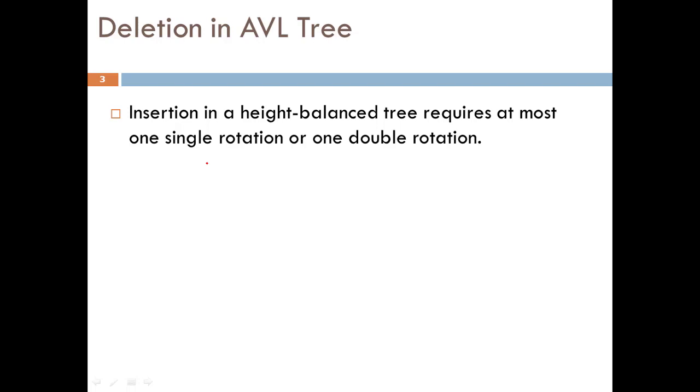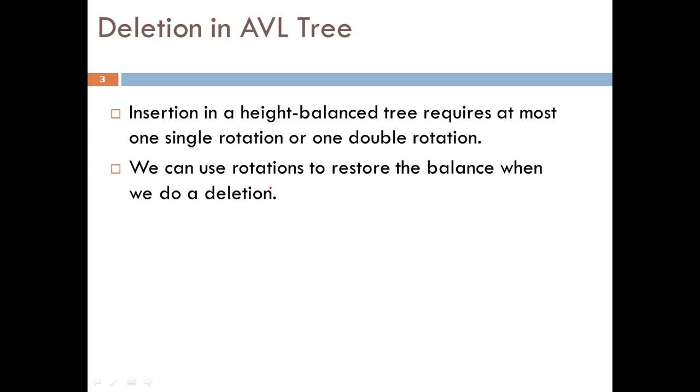So that after insertion, we simply check whether the balance factors are out. If yes, then we perform a rotation, and single or double rotation means only one rotation will be applied. Either it could be a single rotation or it could be a double rotation. So it makes the tree balanced.